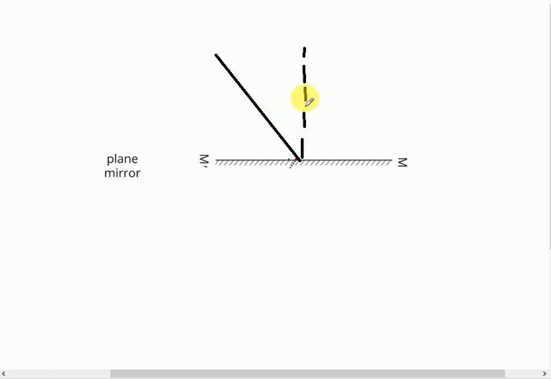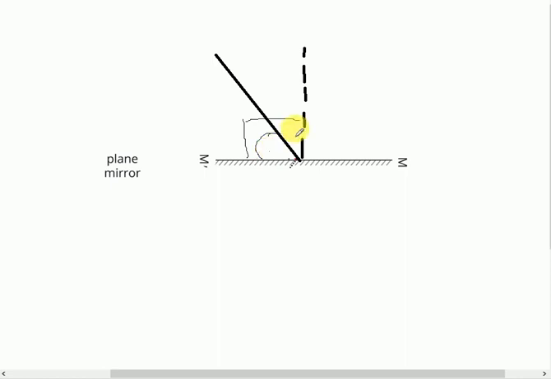As we know, the normal is perpendicular to the plane mirror. So the overall angle here will be equal to 90 degrees, and the angle made by the incident ray with the mirror will be 30 degrees. So this angle is given.